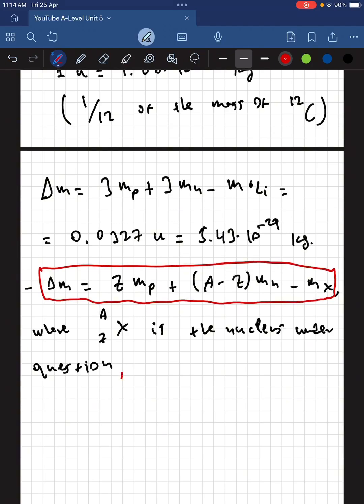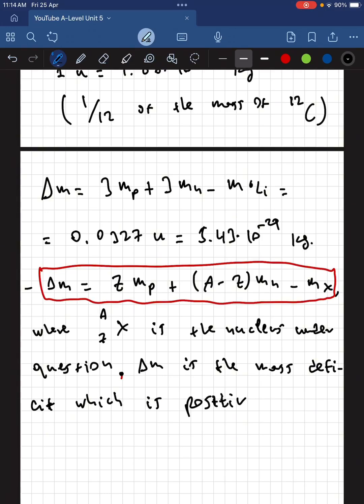So delta M is the mass deficit, which is positive for all nuclei. If I don't forget, I'm going to provide a table, a link in the description, where you can find the masses of multiple nuclei and you can test this, okay? So mass deficit is positive for all nuclei.